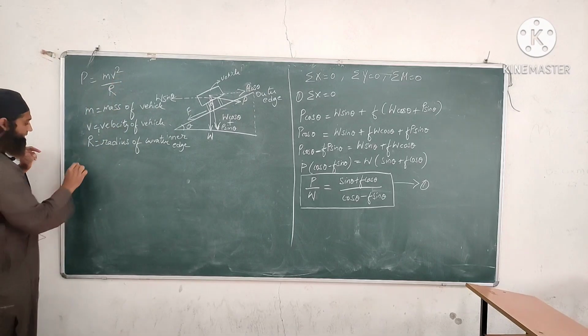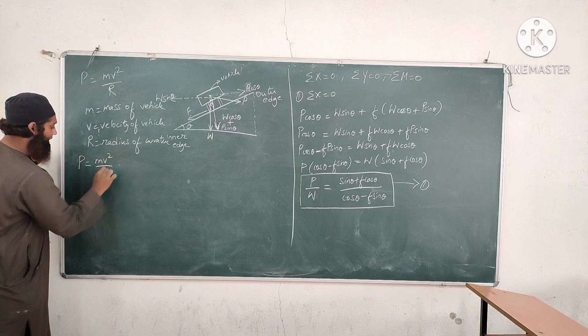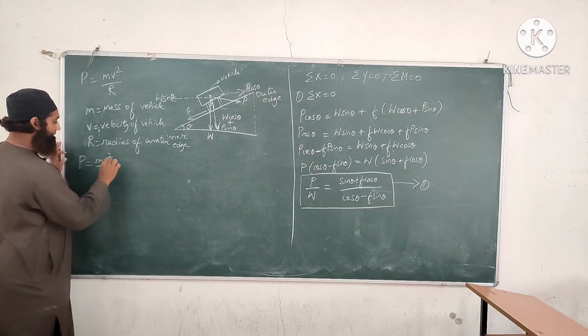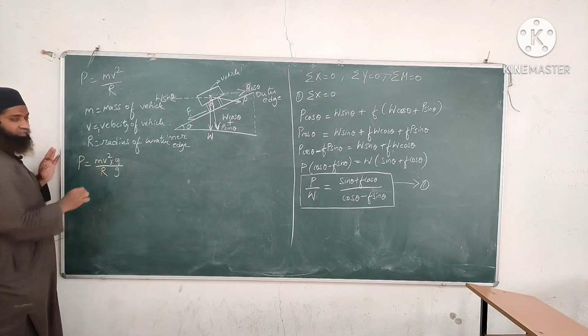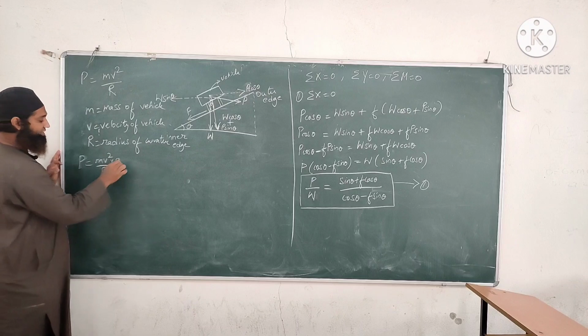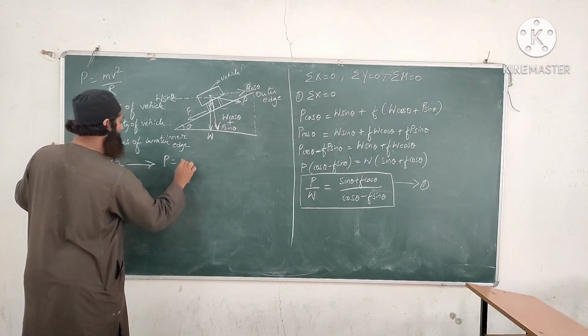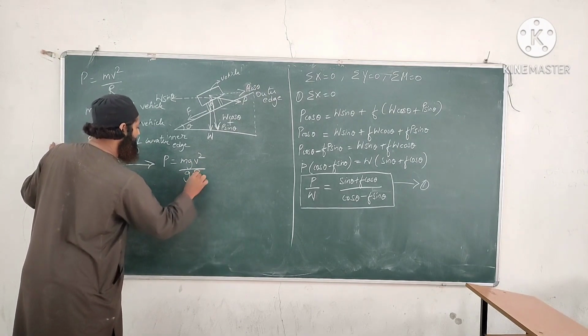Now let us see here, mv square by r. I will be multiplying and dividing by g, the acceleration due to gravity, at the top and at the bottom. So this will become P is equal to mg v square by gr.